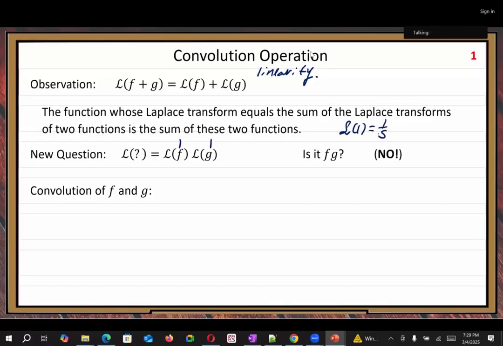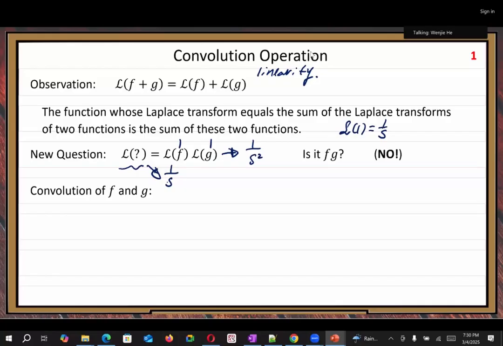The simple formula. Then this side should be 1 over s squared, right? But 1 times 1 is still 1, and the Laplace transform of 1 is 1 over s. How can they be the same? They cannot be the same. So that must be wrong.